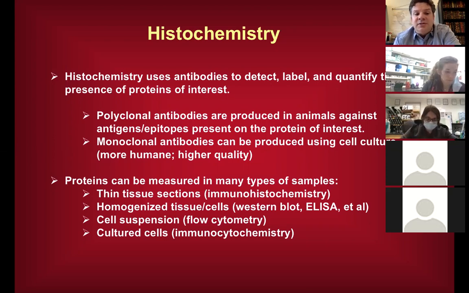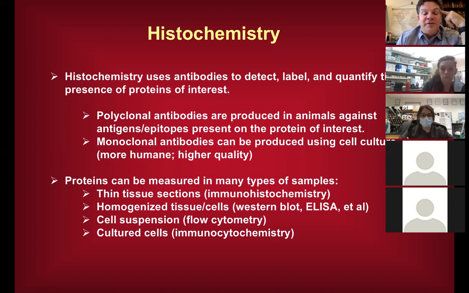ELISA is an assay that a lot of times people will use to detect protein. You can do it from brain homogenate, but oftentimes people use it from the supernatant from cell culture, or if you wanted to see biomarkers of somebody who's had a brain injury, they use ELISAs for proteins like IL-6.